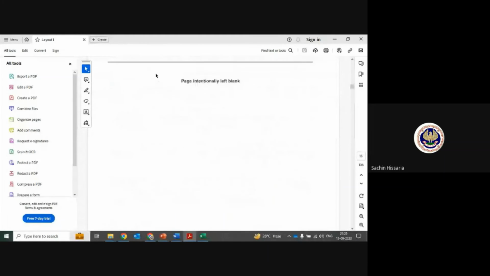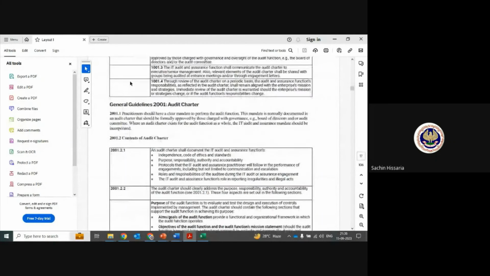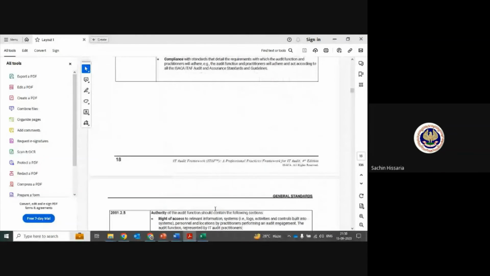In this ITAF framework, there are some lines about an audit charter. It is a document. An audit charter shall document an IT audit assurance function, independence, and code of ethics. It will include the purpose, responsibility, authority, and accountability, and roles and responsibilities of auditing. Also the objective of the audit function, the scope of the audit function, and the work performed by the audit function. All of that is included in your audit charter.